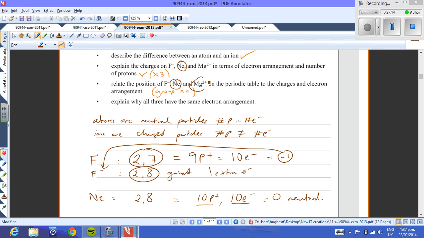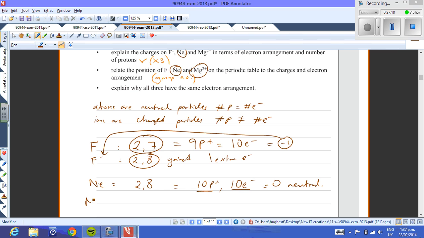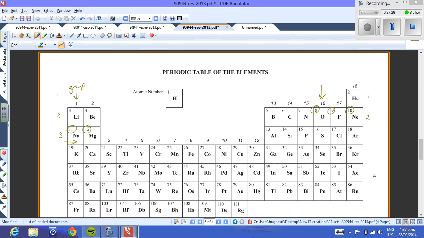And then for magnesium, it has a +2 charge, and that's because it has lost 2 electrons. Let me just check the magnesium atom's electron arrangement. Magnesium has 12 electrons, so it's going to be 2, 8, 2.